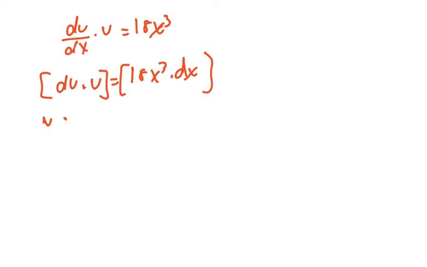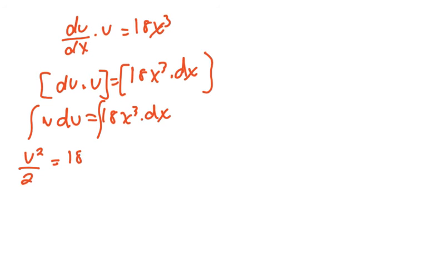So we have v dv is equal to 18x cubed dx. Now, as we saw before, we just got to take the integral of this so that we get v squared over 2. We can add a constant either here or on the other side. So now this we are going to integrate with respect to x.